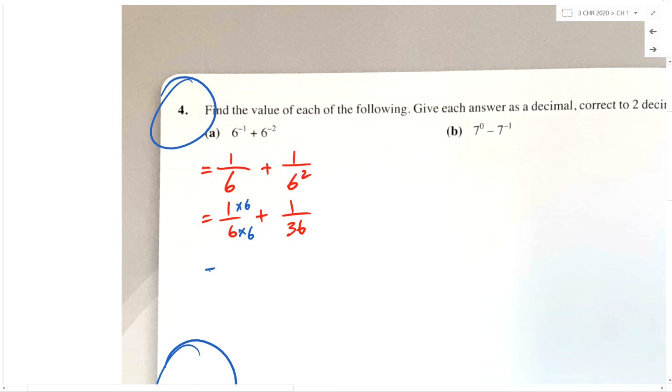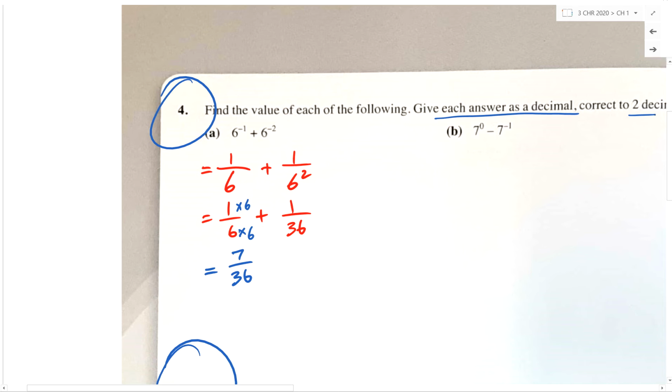And what is the final answer? 7 over 36. Is this the exact value? Did I round off anywhere? No, I didn't. So this is the exact value, but they say give each answer as a decimal, correct to 2 decimal places. So 7 over 36 is not useful for me.